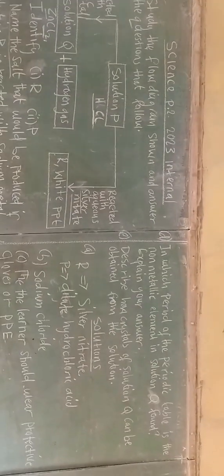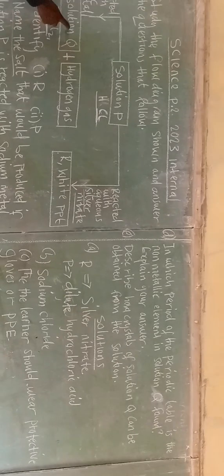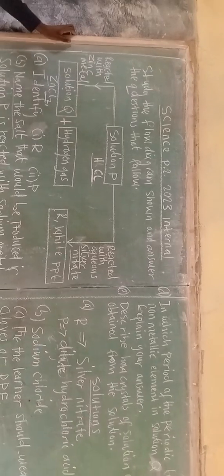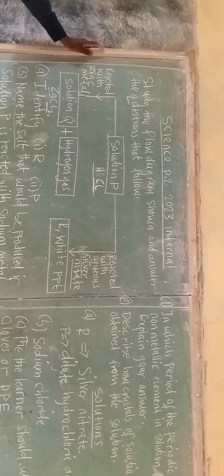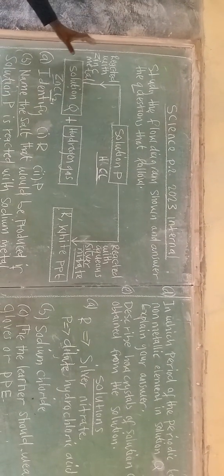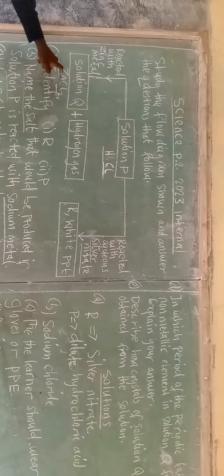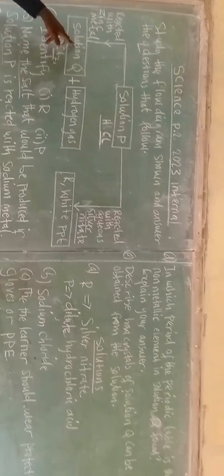This solution Q, which is zinc chloride, was formed by solution B and the zinc metal. So there is a solution there. How can the crystals of zinc chloride be obtained from solution Q?